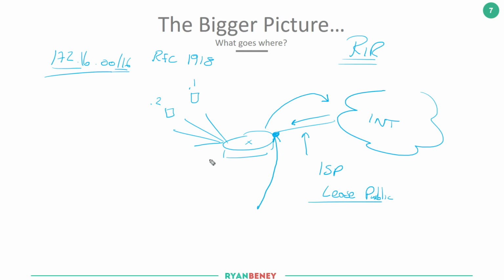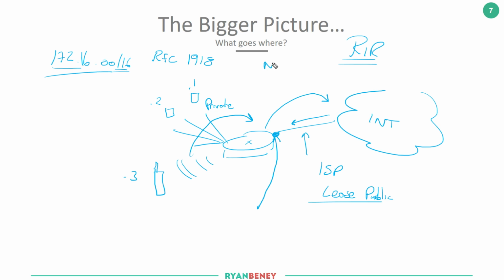Maybe we have wireless and there's a mobile out there and that's getting 172.16.0.3.